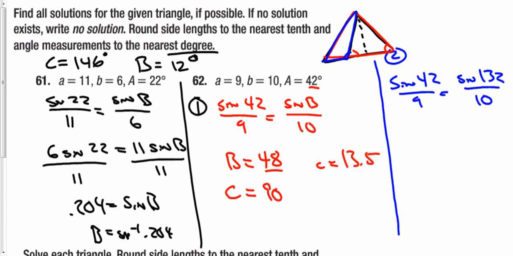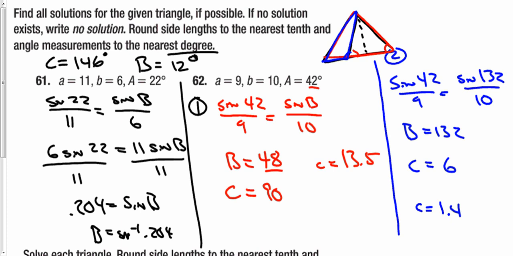But that will give me my second angle and my C. So B, in this case, is going to be 132. C, my next angle, is going to have to be 6 because I have to add up to 180, which makes little c equal to 1.4.